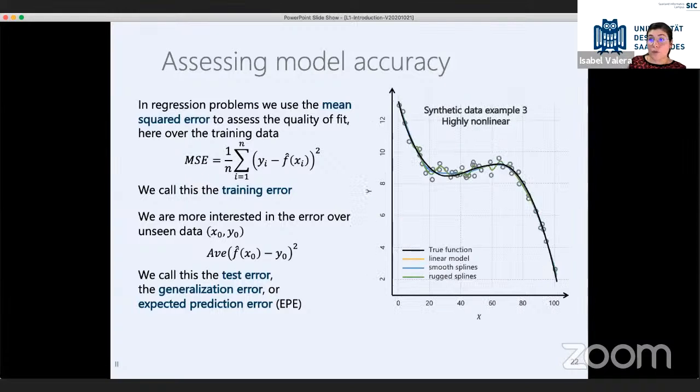And finally, if we see a highly nonlinear model where we have this kind of behavior, you can imagine that as we are around 100, this is very bad.